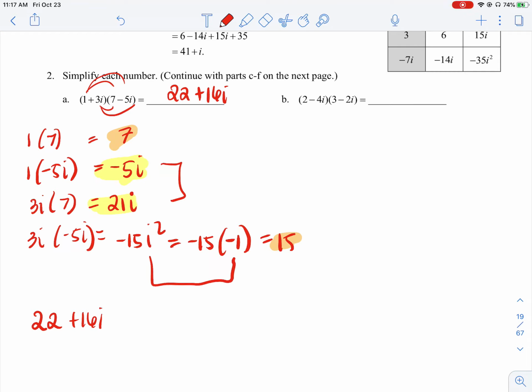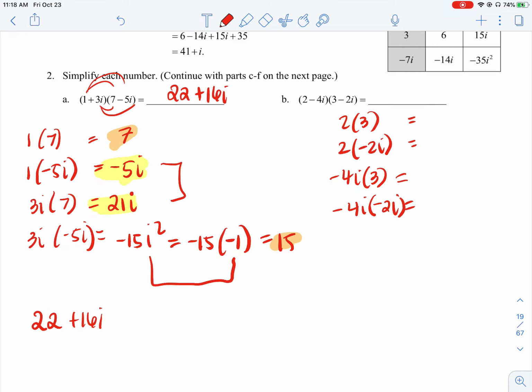Not bad. Okay? So in this example, I'm going to show you also how to FOIL. And then on the next two, I'm going to show you how to do the box method. Okay, so that's 2 times 3, 2 times negative 2i, negative 4i times 3, negative 4i times negative 2i.